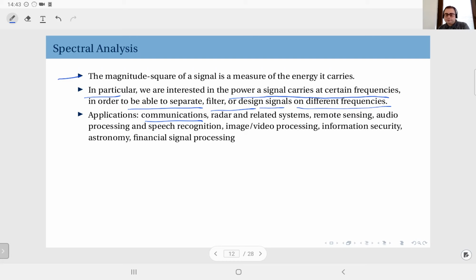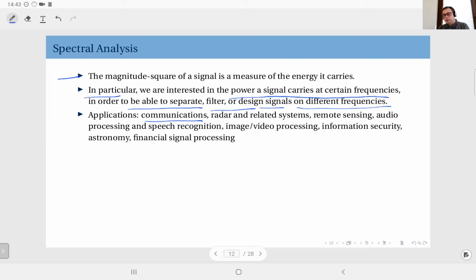Basically, in any wireless medium, you are interested in the spectral analysis of your signals so that you can use the channel, the airwaves, simultaneously for different users, because we separate the frequency band for different users or applications. This is what we call multiplexing. You make the channel available for multiple users at a time because they're at different frequencies.